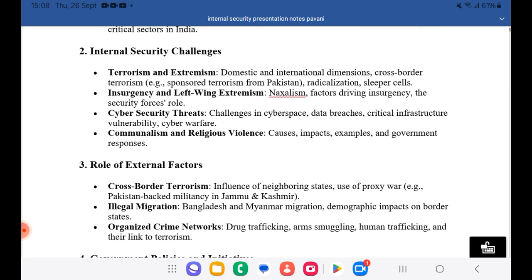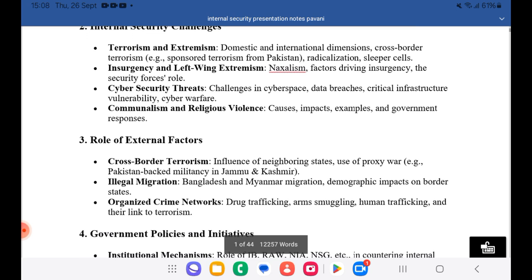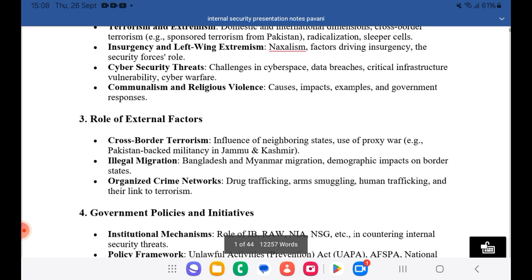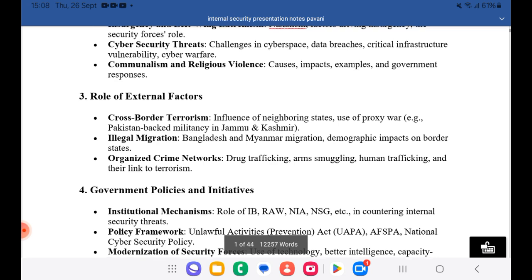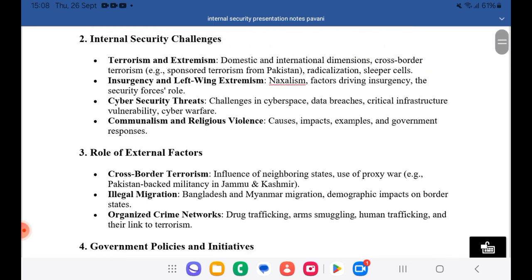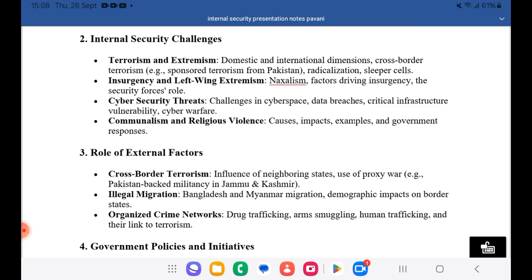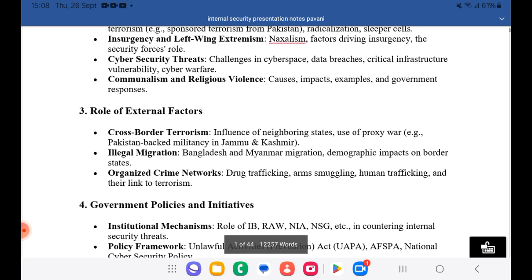Then we have cyber security threats, data breaches and all. Then communalism and religious violence. So terrorism externally, left-wing extremism internally, then technology-wise cyber security threats, and then communalism and religious violence.